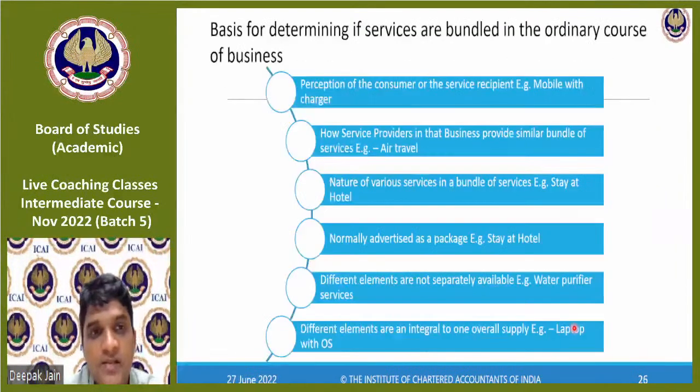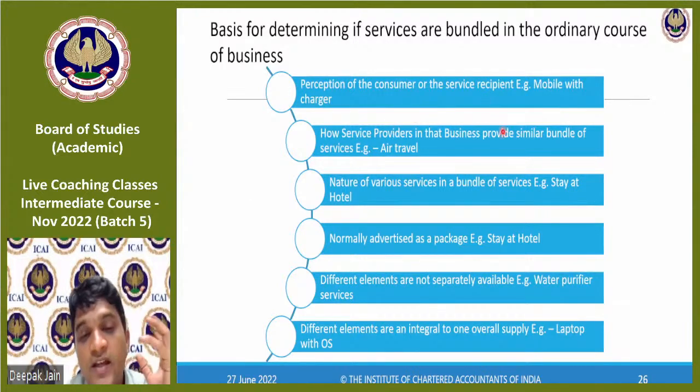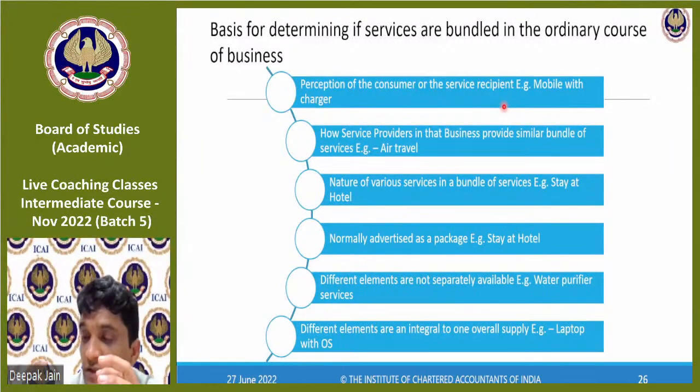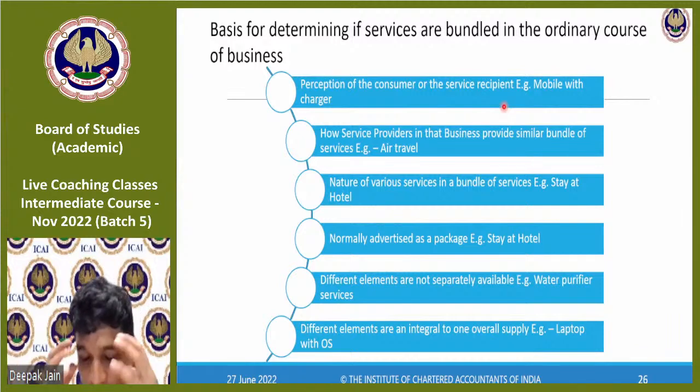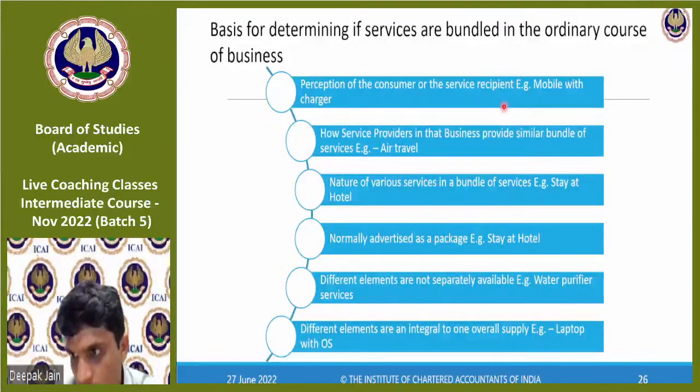We'll see some examples. What are the points to consider? What is the perception of the consumer? So if I buy a mobile, at the mobile rate, and generally a mobile comes with a charger. If my perception is that if I buy a mobile, it'll come with a charger, it will be treated as a composite supply. If the charger has a lower rate or a higher rate, still, say the mobile rate is 18%, charger rate is 28%.